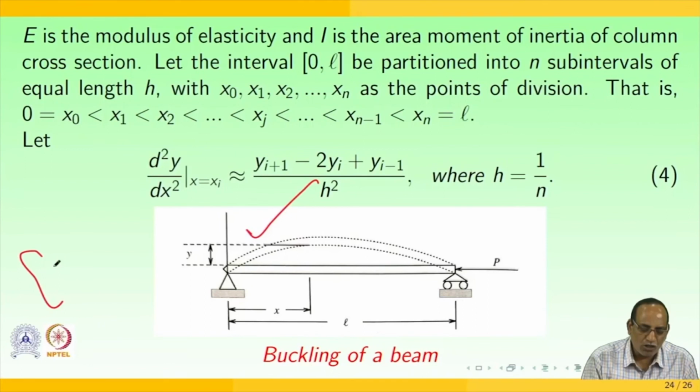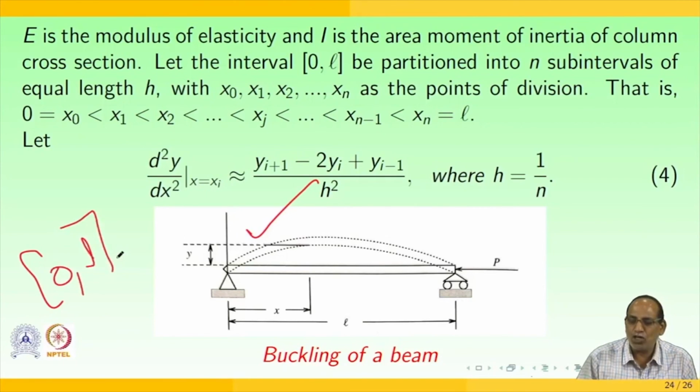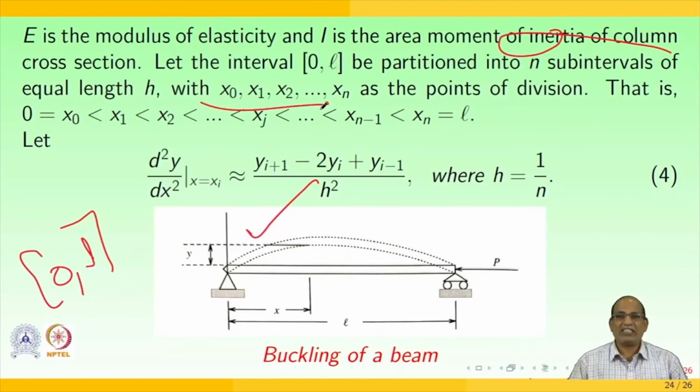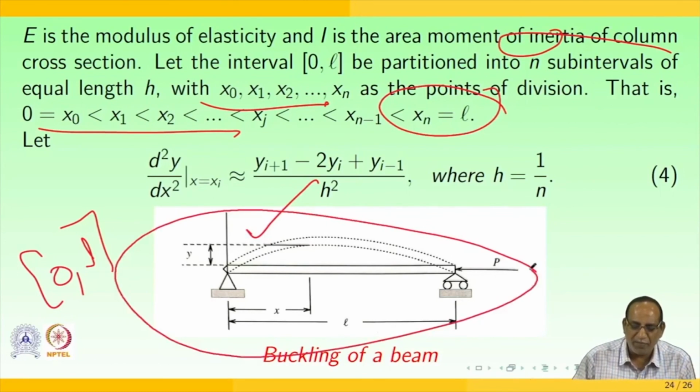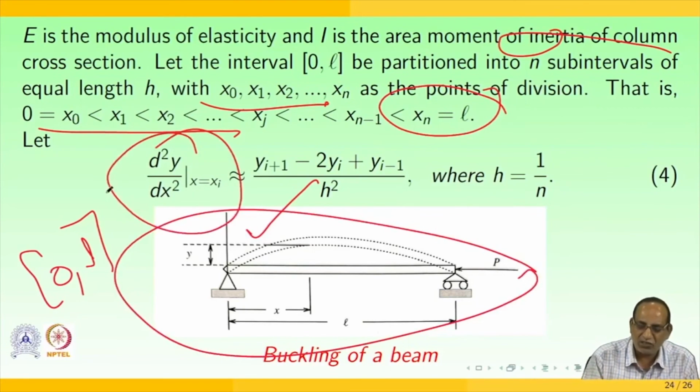Let the interval [0, L] be partitioned into n subintervals like this: x_0, x_1, x_2, ..., x_n as the points of division. And you know that x_0 is less than x_1 and so on, and the last one x_n is equal to L.